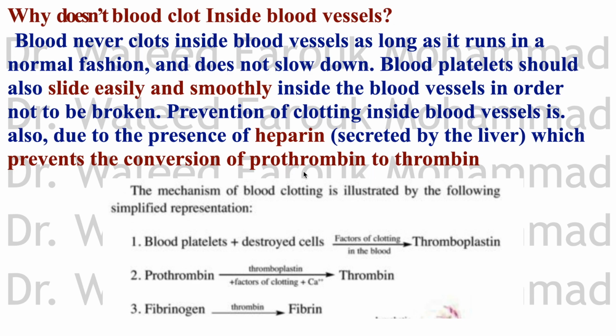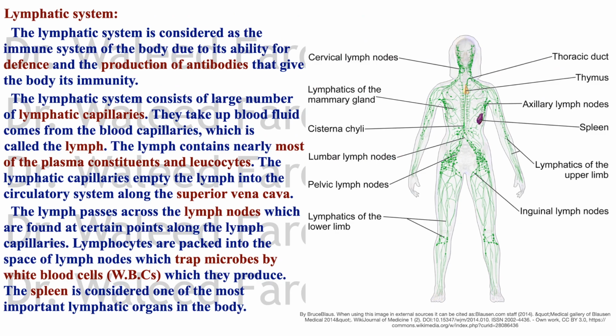Heparin inhibits conversion of prothrombin to thrombin, so fibrinogen will not be activated to fibrin. The clot will not be formed. This is blood clotting.